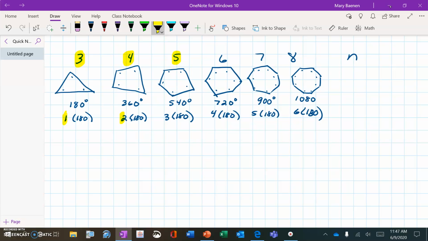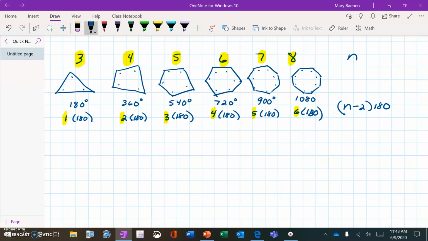Does this pattern continue? 5 minus 2 is 3. 6 minus 2 is 4. 7 minus 2 is 5. 8 minus 2 is 6. Okay, so what do I have here? I take the number of sides that are in the figure, and I subtract 2, and then I multiply that times 180. So I think I have discovered the formula for the sum of the interior angles of any polygon.